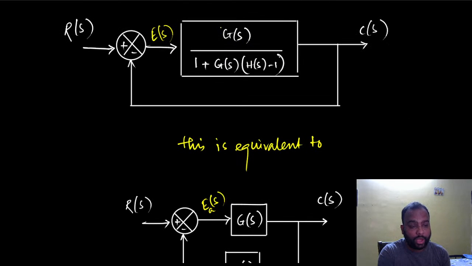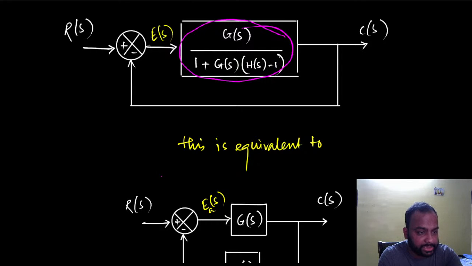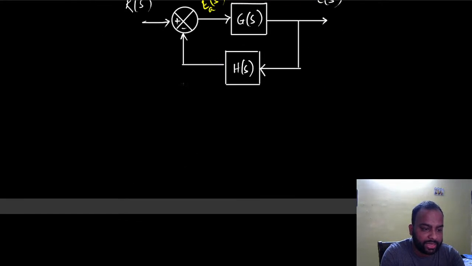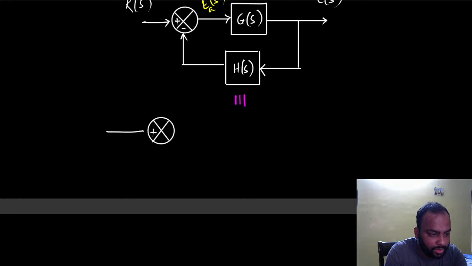So now we call this transfer function, we call this thing G_E(s). So now if this is the equivalence here, then this is equivalent to this, where we have this simple configuration here. This is G_E(s), I call it G_E(s).